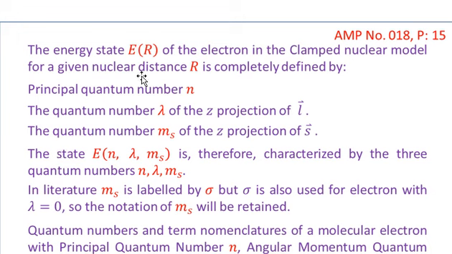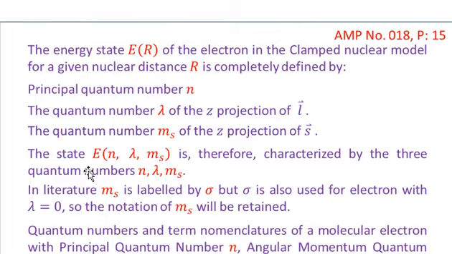The energy state E of R of the electron in the clamped nuclear model, for a given nuclear distance R, is completely defined by three parameters: the principal quantum number n, the quantum number lambda, which is the z projection of the orbital quantum number L, and the quantum number ms, which is the z component of spin angular momentum on the z axis.